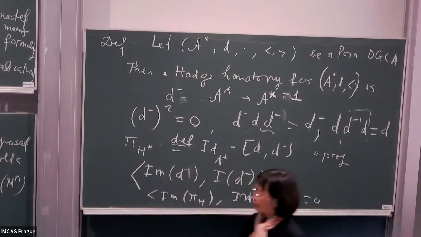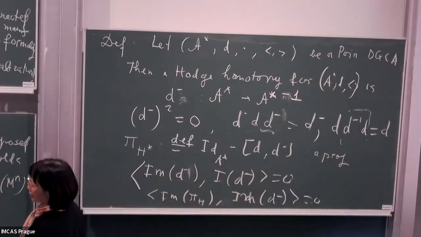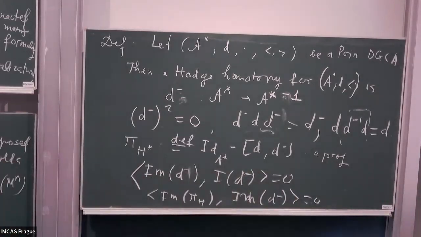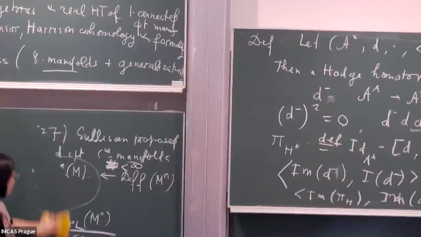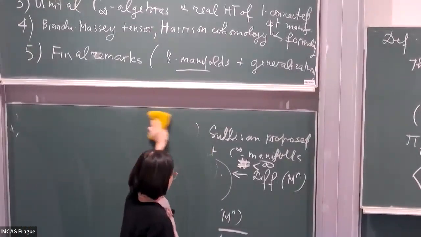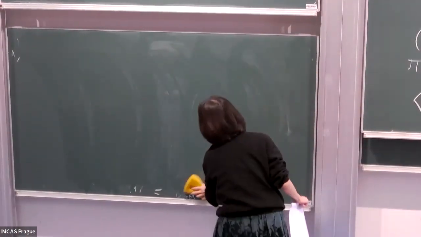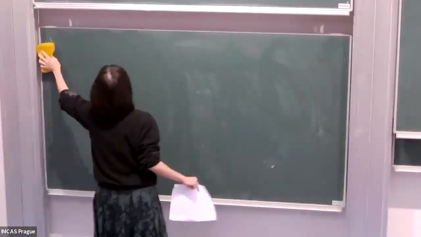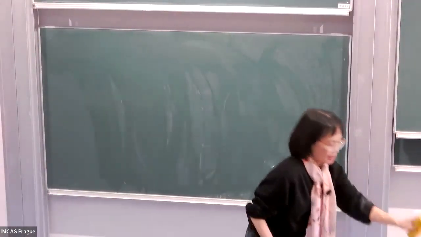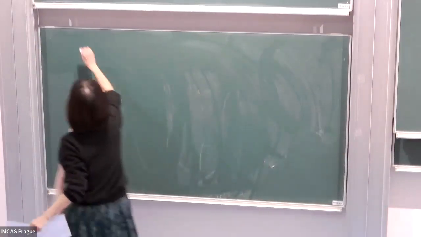What you need in our case here is the de Rham algebra of a smooth compact manifold, and there d^- is certainly given by the decomposition of the Green operator, for example.